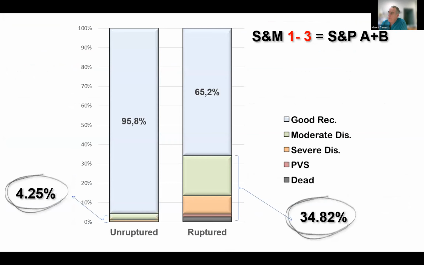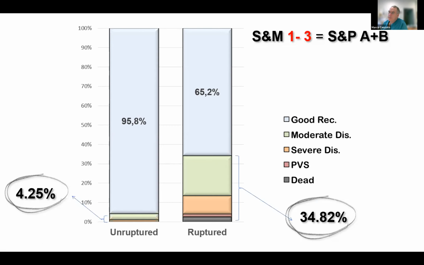And what we have to consider is that all the unruptured AVM have been treated. But as you see here, if you treat an AVM surgically after rupture, almost 1/3 of the patients have a deficit, are disabled after treatment.